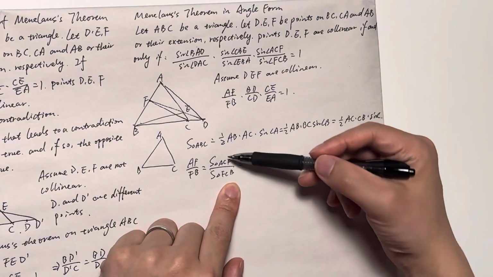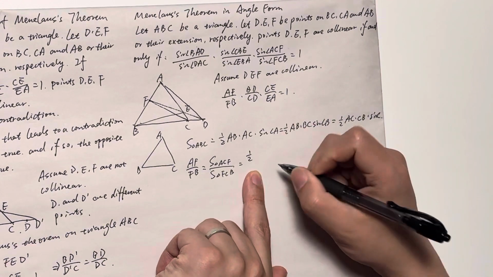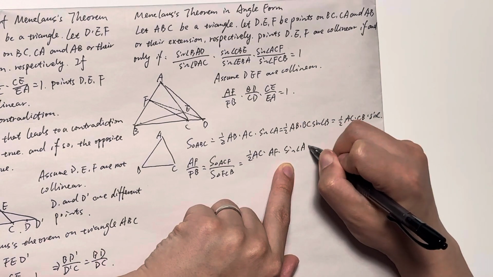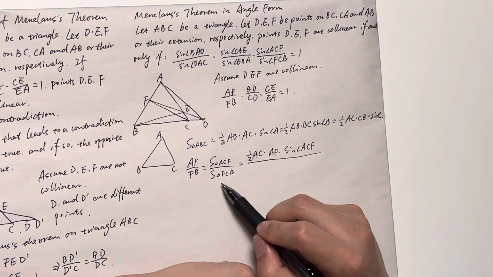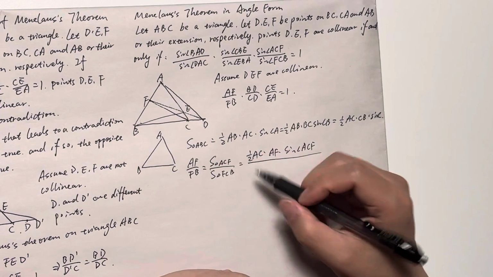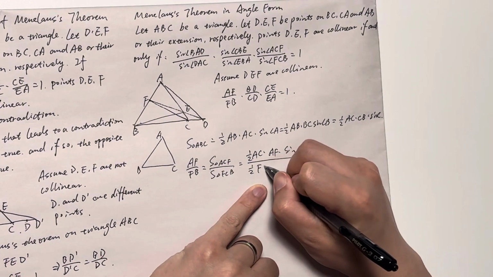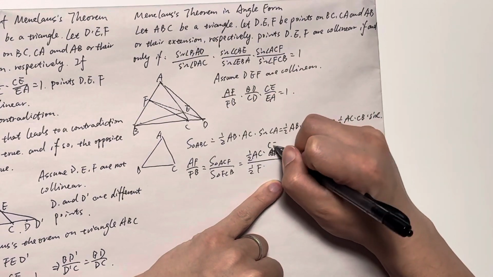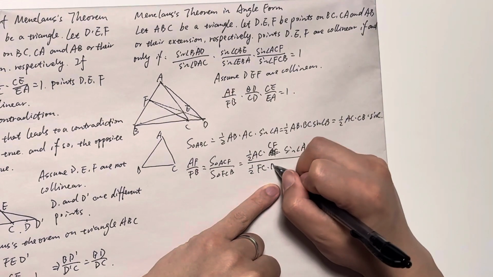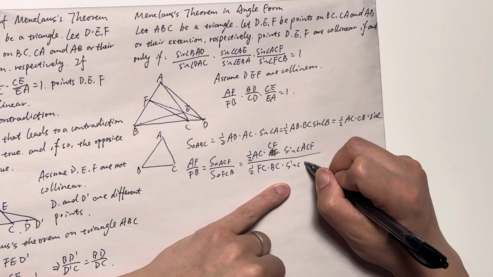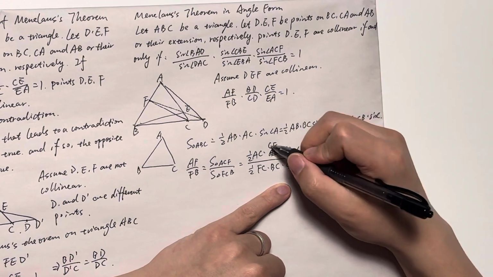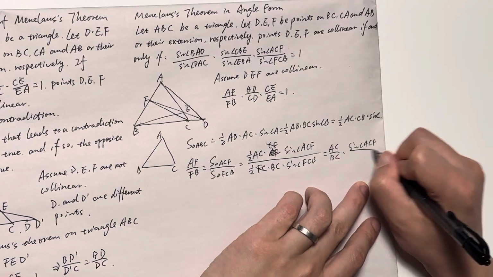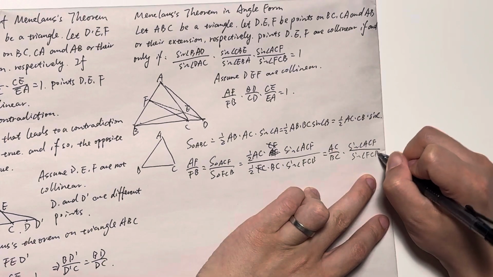So the ACF area we can calculate as half AC times AF times sine angle ACF, and FCB we can calculate as half FC times BC times sine FCB, which equals AC divided by BC times sine ACF divided by sine angle FCB.